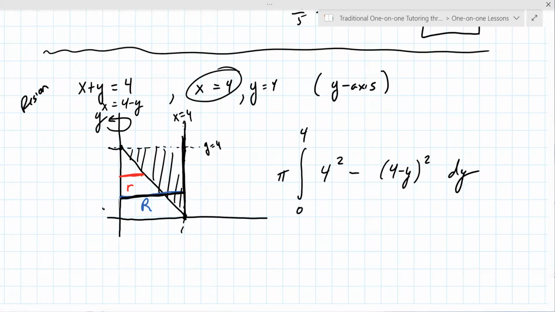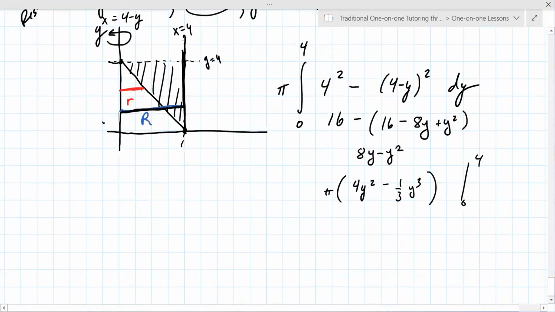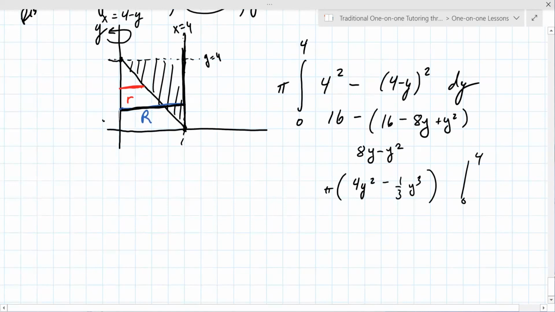So then that is 16 minus 4 minus y, 4 minus y, 16 minus 8y plus y squared. And then that becomes 8y minus y cubed over 3, from 0 to 4.